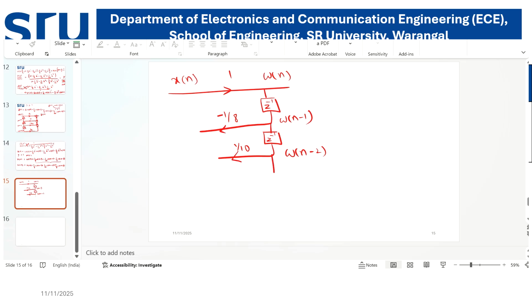To get w of n minus 3, the coefficient is 5 by 8. Again, the last one, w of n minus 5, the coefficient is 1 by 10.